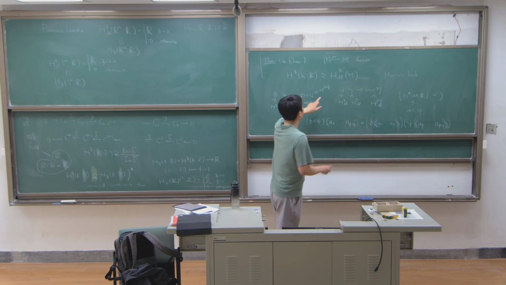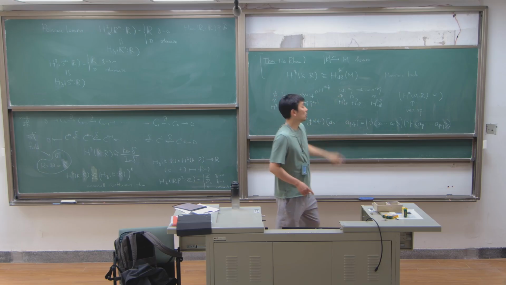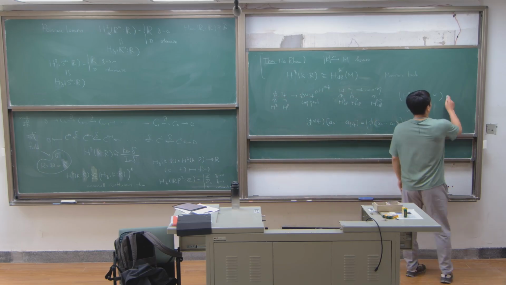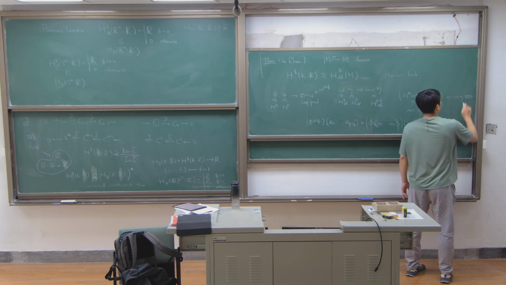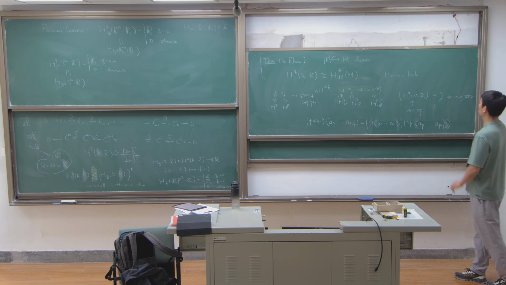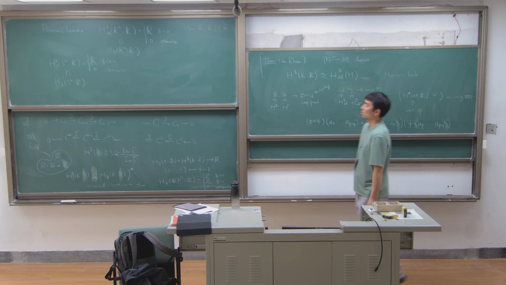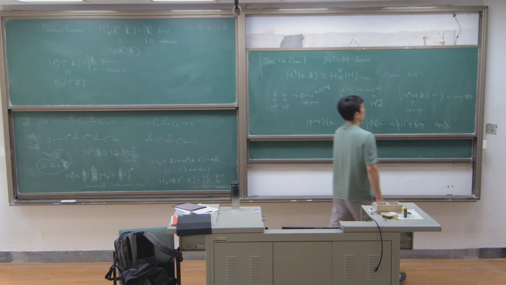Multiplication between H^p and H^q will give you H^{p+q}. Therefore, this gives you a ring structure.